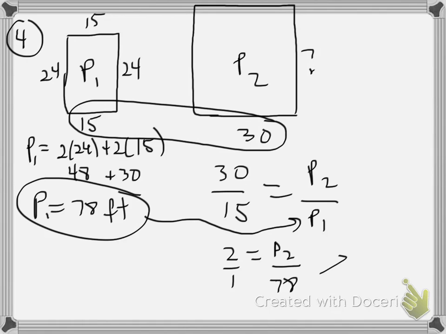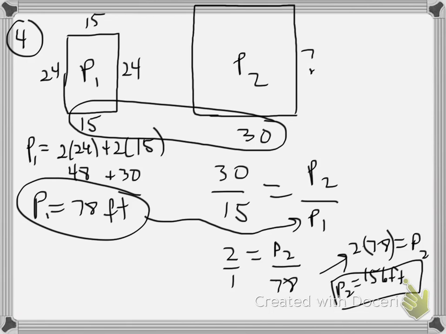So when I cross multiply, I get 2 times 78 equals the perimeter of 2. That's 140 plus 16, it's 156 feet for perimeter 2. And that looks like answer D.